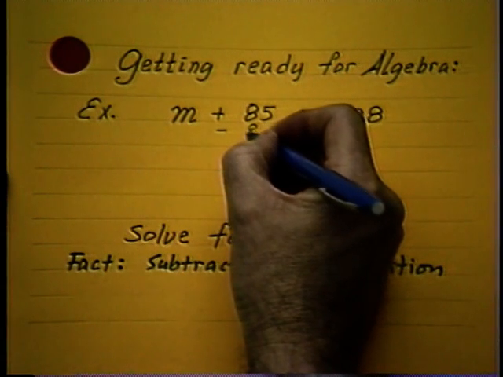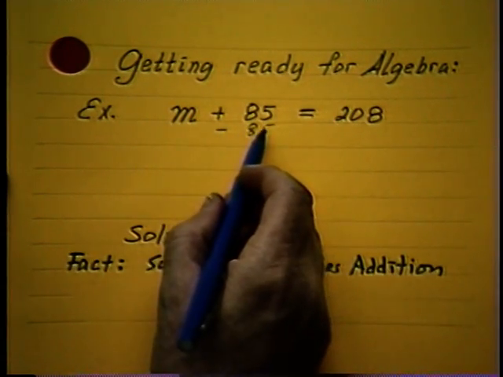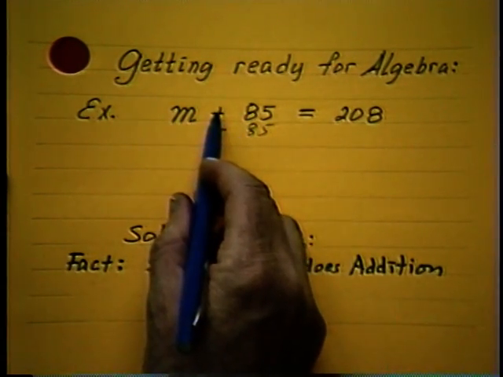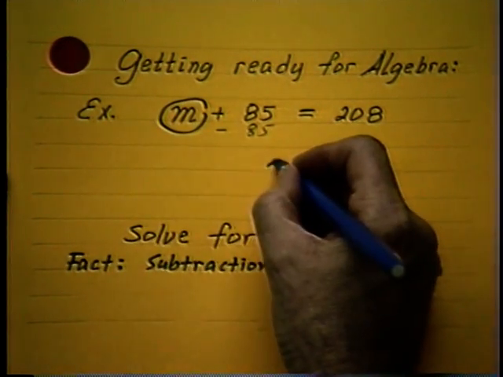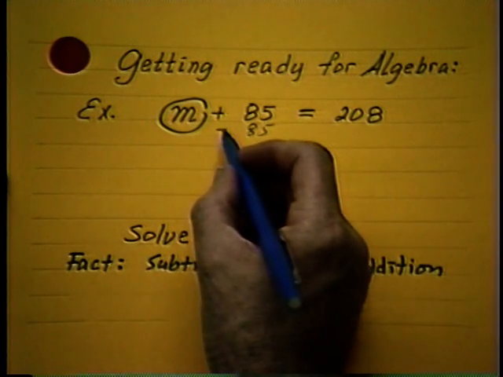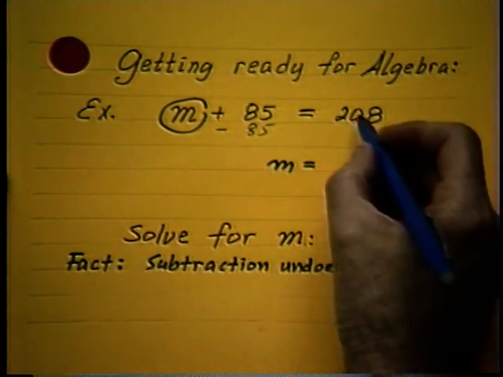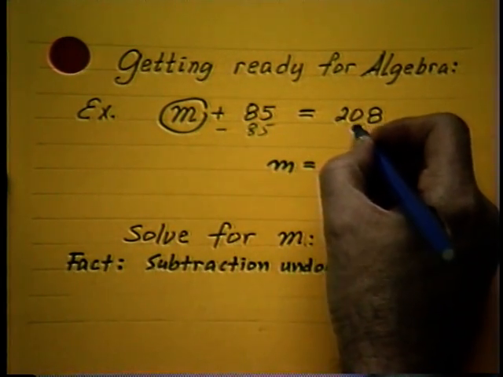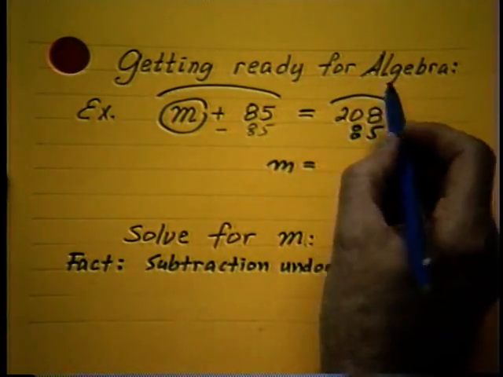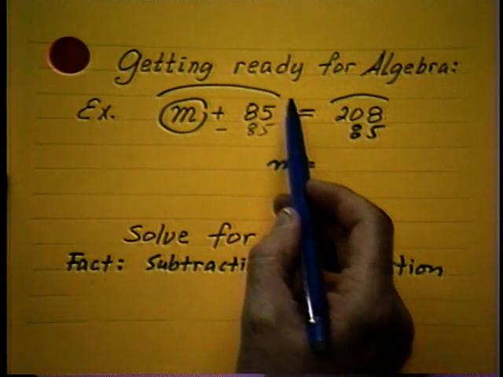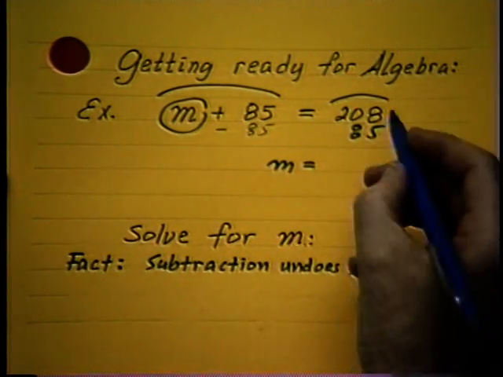If I subtract 85, I undo having added 85, which leaves me what I had to begin with. But if I subtract 85 from this side, I have to subtract 85 from this amount over here, because our equation says this whole expression is the same as 208.